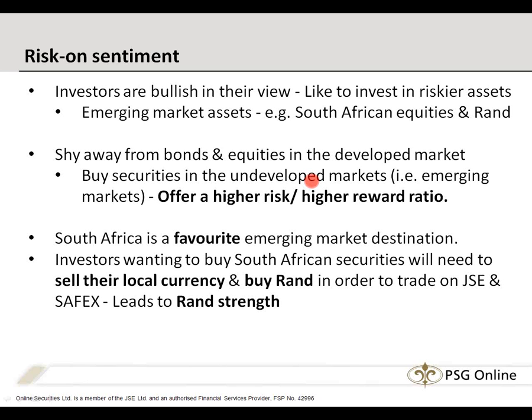South Africa is a favorite amongst all the emerging markets as a destination. Our equity market is regulated and there are opportunities there. But if I get involved in the South African market, I have to sell my own currency and then buy the rand. That leads to, as I say, rand strength. So just to understand, risk on is good for rand strength.